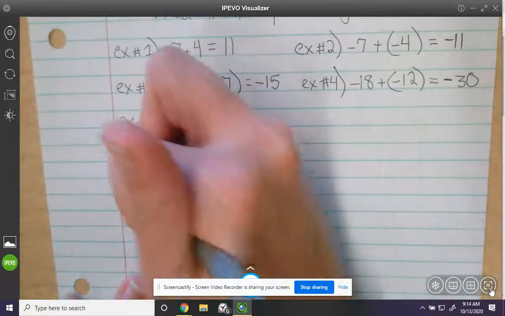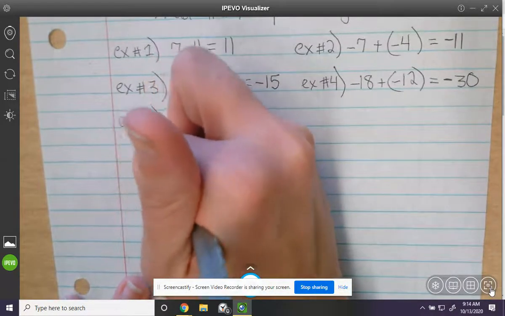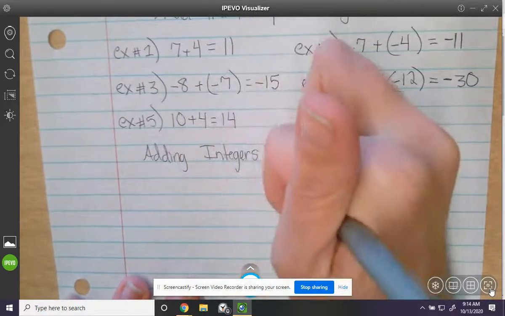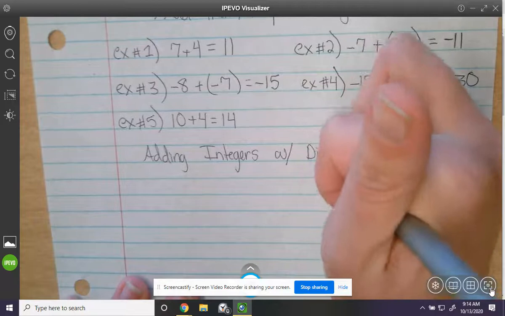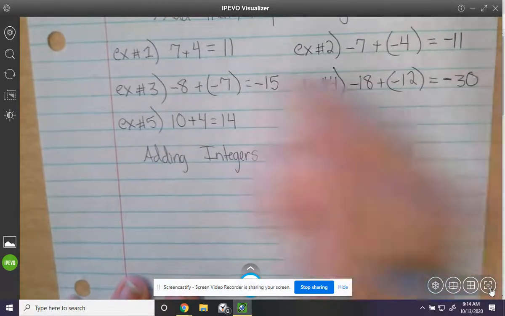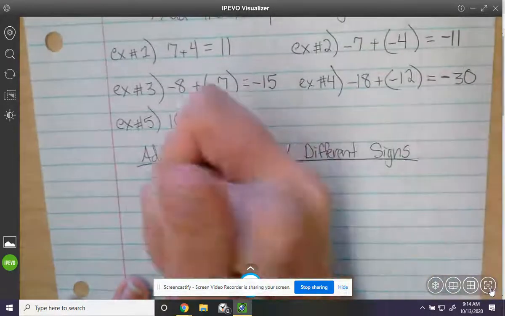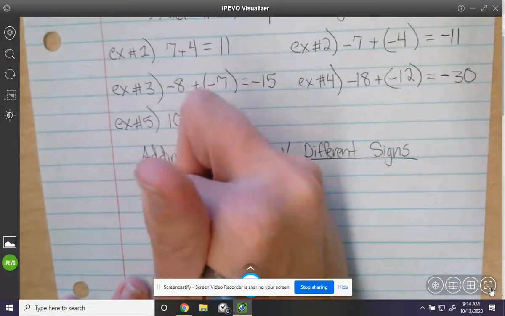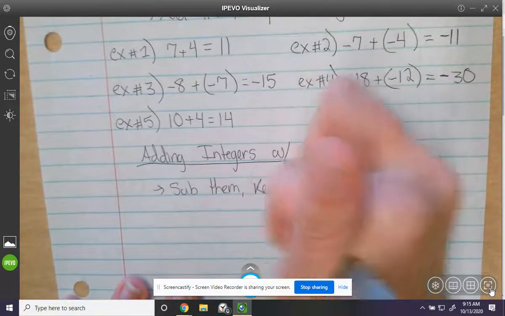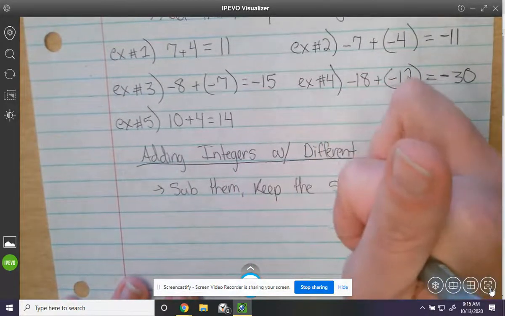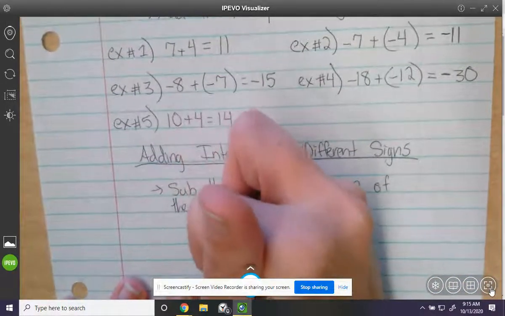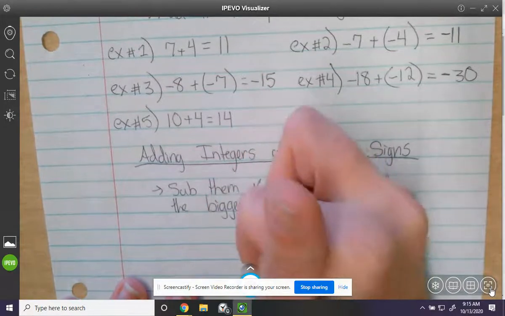Now we have adding integers with different signs. My rule for this one is to subtract them and then keep the sign of the bigger number.